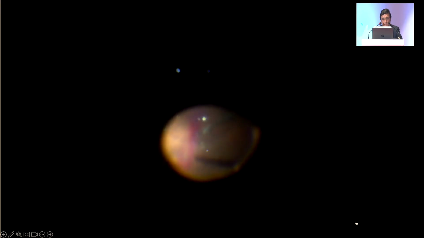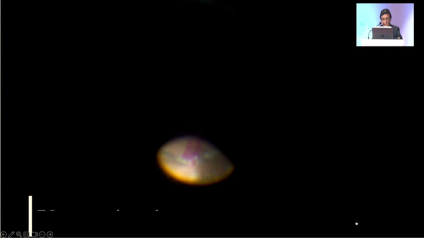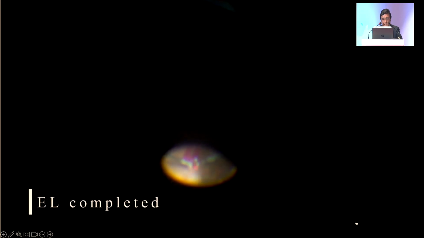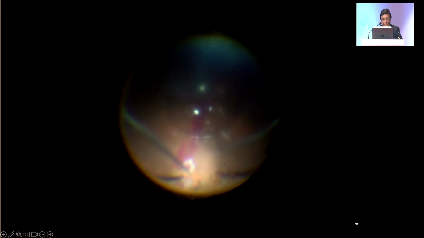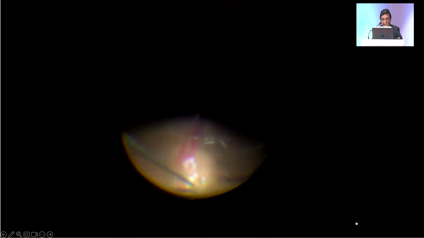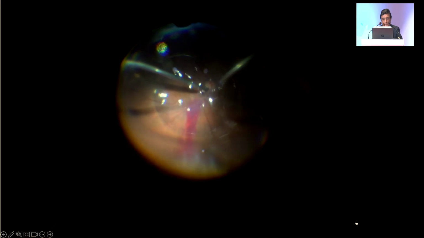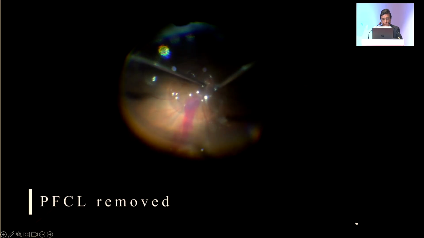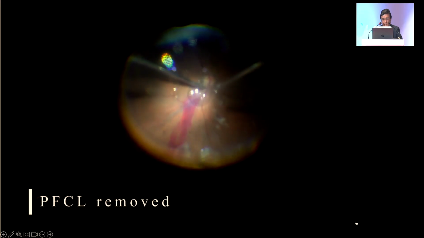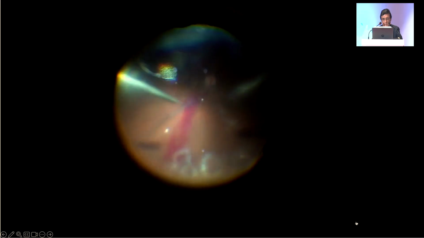We tried to ensure that once we had the hemorrhage restricted above the arcades, it doesn't go submacularly. The endolaser was completed. Whatever blood we could remove from that area was removed, and we had a very thin film of blood in the end. Then the PFCL was removed, silicone oil exchange done, and there was a standard closure of the retina.